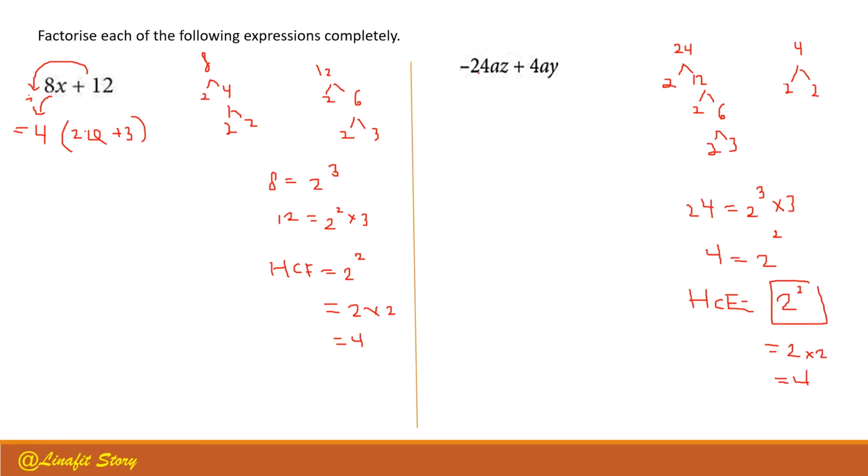So the common factors are 4 and a. So 4a, open bracket, negative 24az divided by 4a. So the answer is negative 6z.